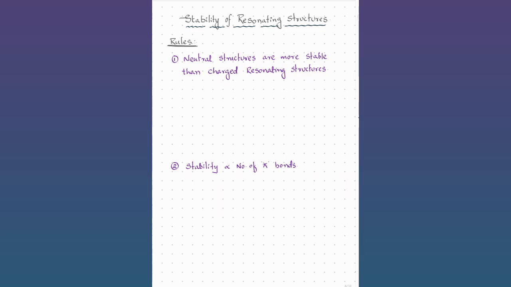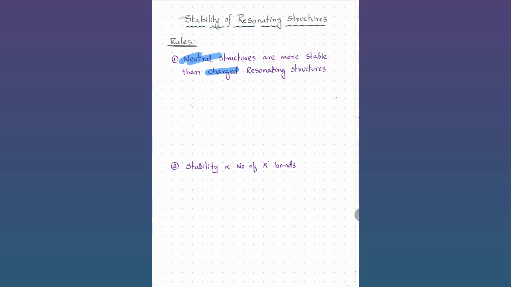The first rule is: neutral structures are more stable than charged structures, right? Neutral structures are more stable than charged structures. Now let me give one example.